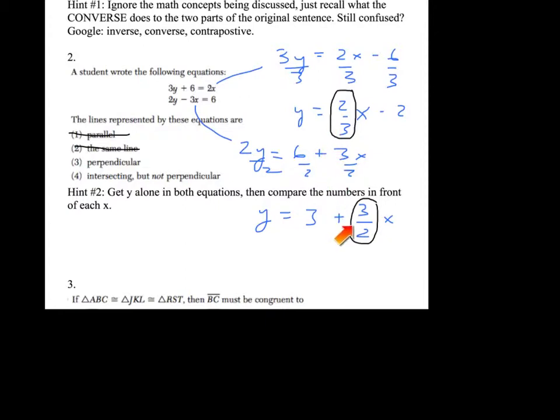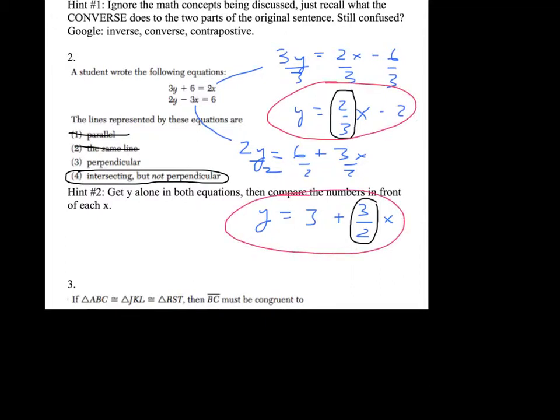These are both positive slopes, so they are not perpendicular. These are just intersecting lines and not perpendicular. You could also get the answer by just graphing each of these equations in a graphing calculator and seeing if they make a right angle or not.